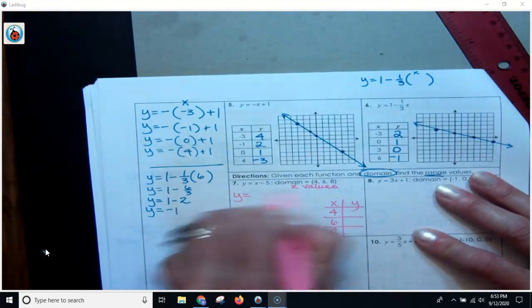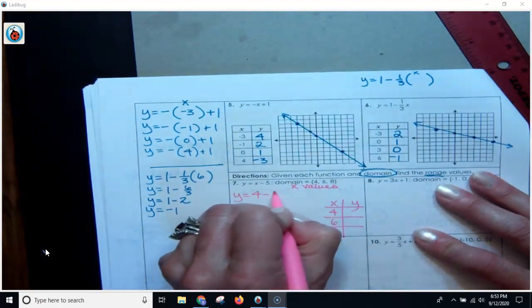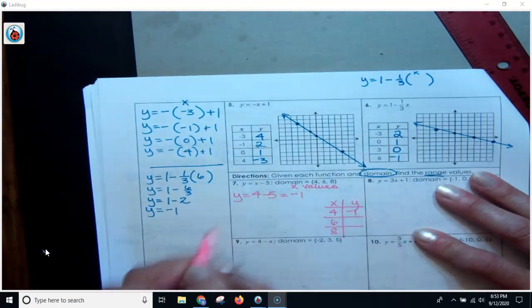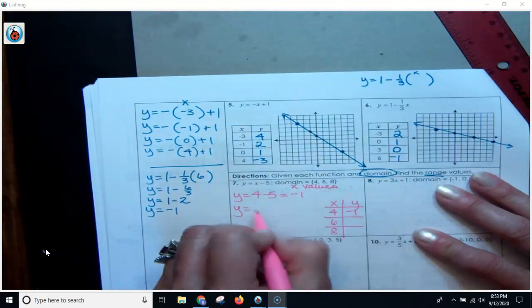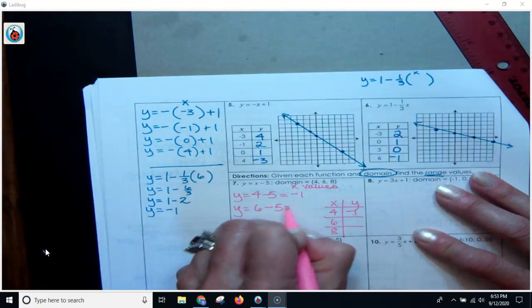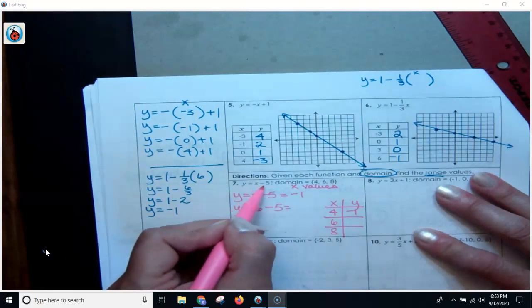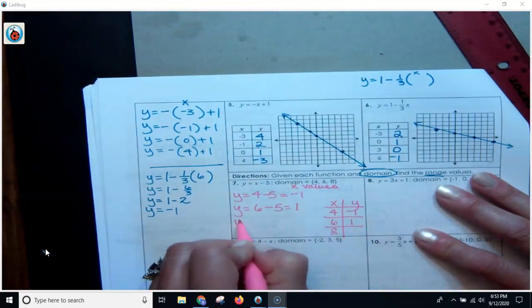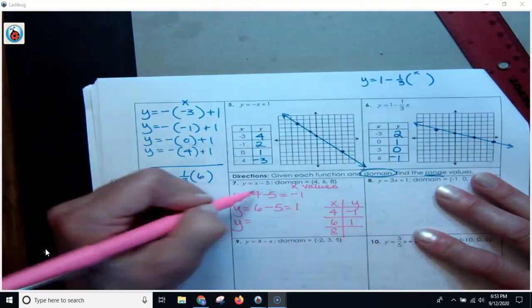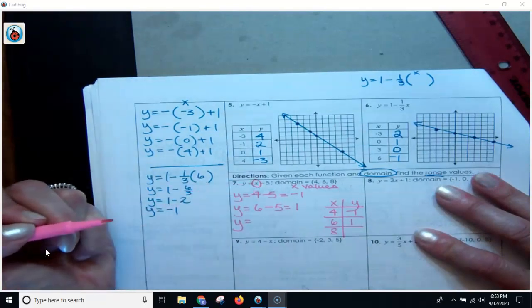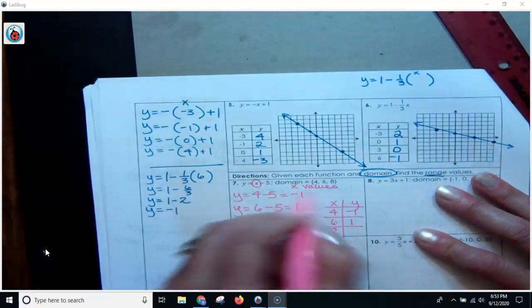So when x is 4, y is going to be -1. When x is 6, 6 minus 5, y would be +1. And do you see, I'm just plugging these x values in for the x in this equation.